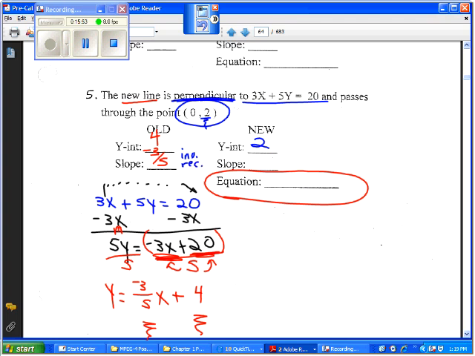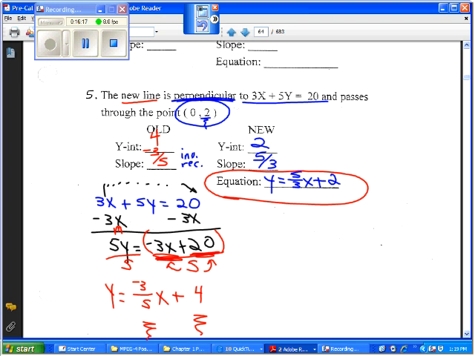The inverse part means to change the sign from negative to positive. The reciprocal part says flip it over so it becomes a positive 5/3 for slope. Understand that? So my new equation is y equals slope 5/3 x plus y-intercept 2.